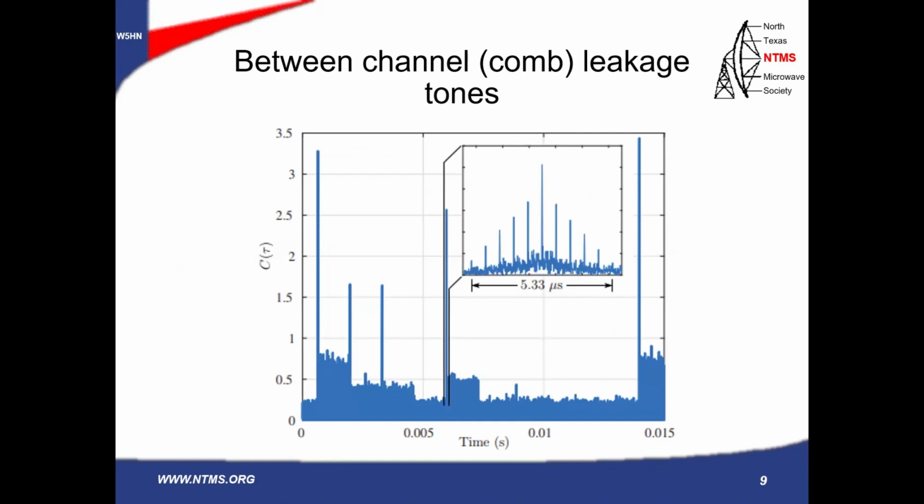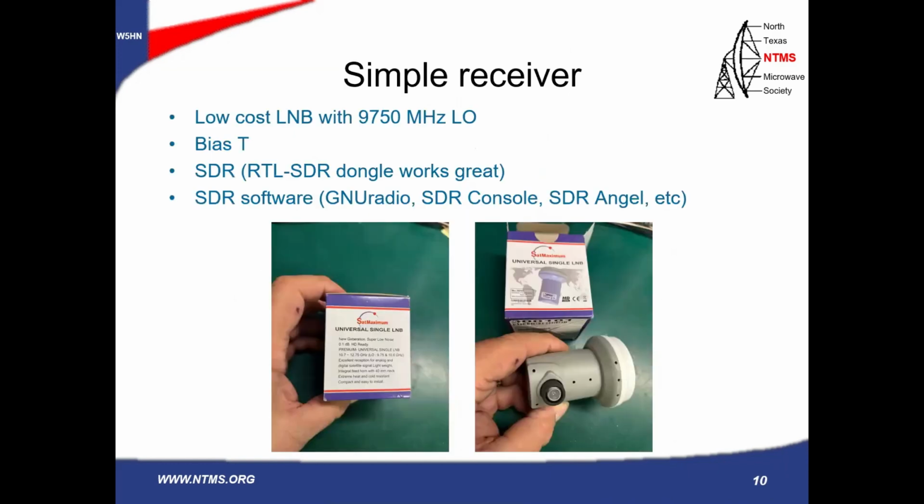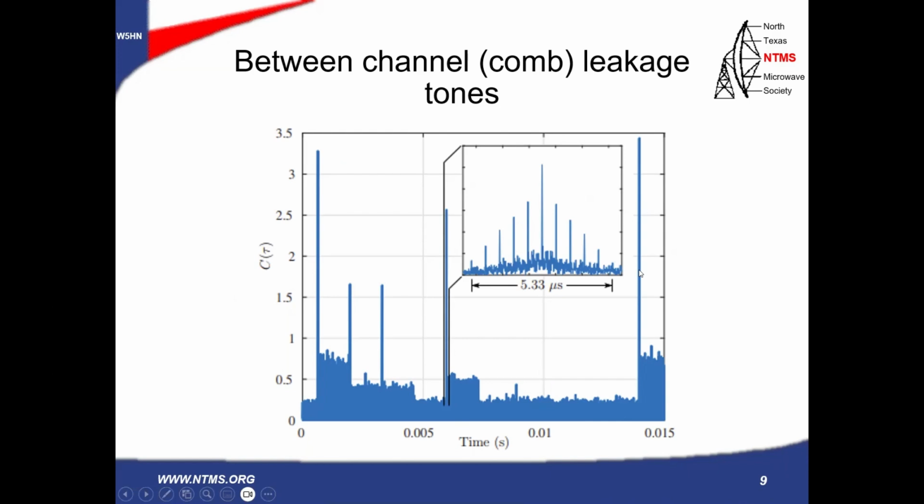Now, here is the comb. So this is, once again, referencing the UT Austin study. They broke this down so that they could actually see this comb that's occurring between channels.